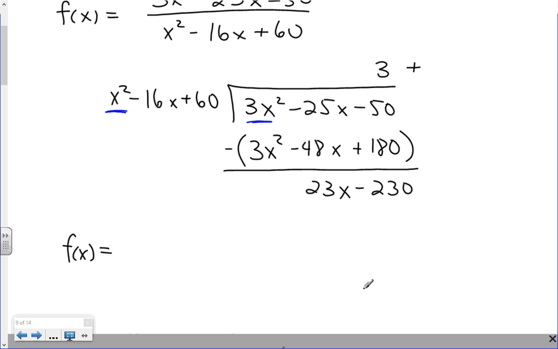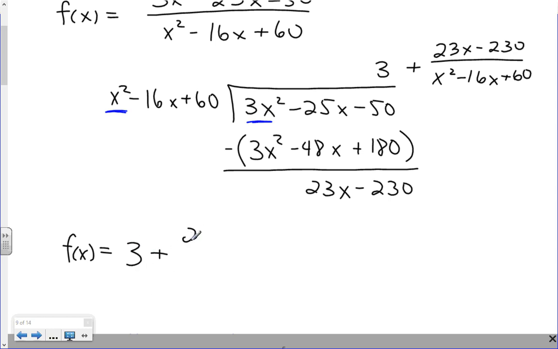So I have 23x minus 230 as my remainder over the quantity I was dividing by, which is x squared minus 16x plus 60. That's my result. That's what I'm going to write down here. So my quotient was 3, and my remainder was the 23x minus 230 divided by x squared minus 16x plus 60.